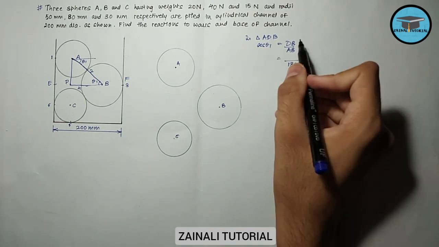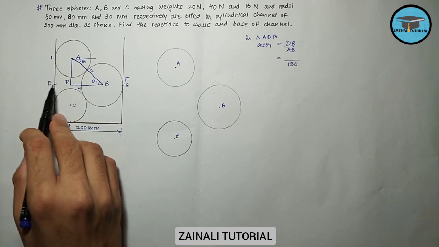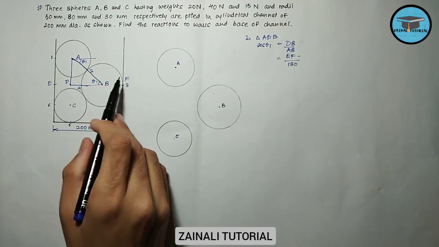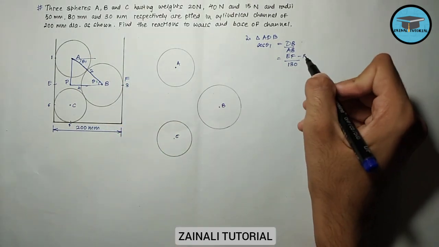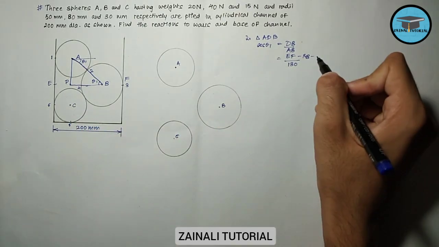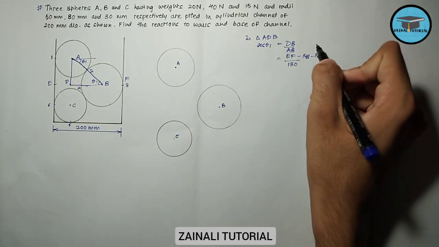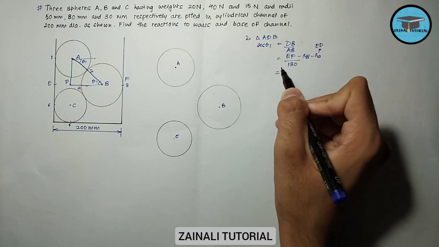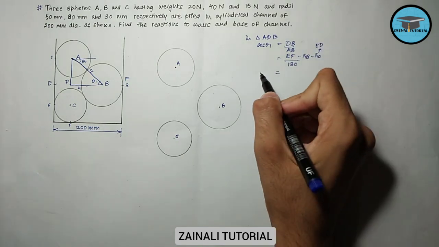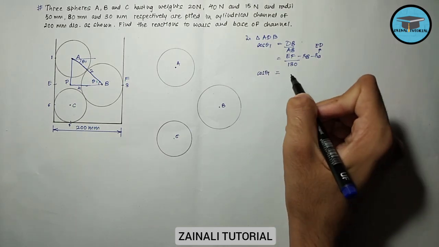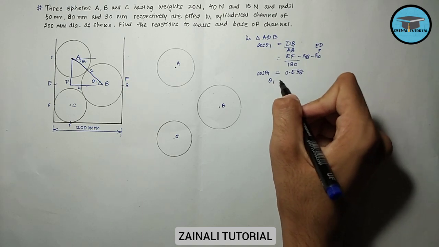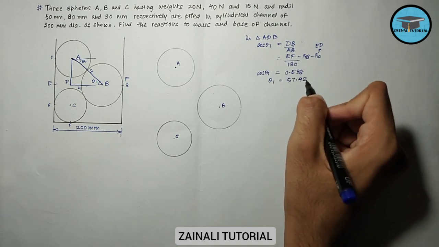So 130, and DB is nothing but EF minus radius of B and minus radius of A, that is ED. Okay, so from this we would get cos of theta 1 as 0.538. So theta 1 is nothing but 57.42 degrees.